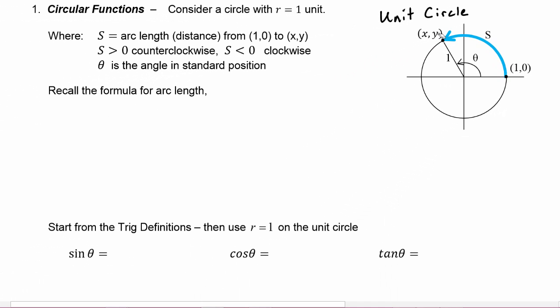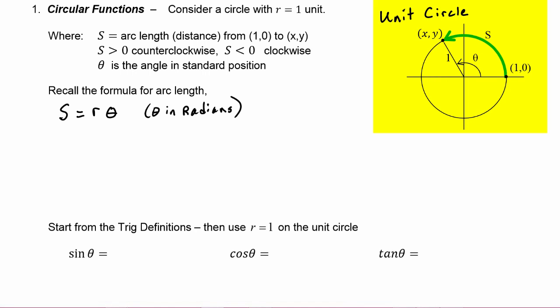Now remember from an earlier lesson that the formula for arc length is that S is equal to r times theta, and of course theta is in radians. If we are on the unit circle, which is what we have pictured here, meaning the radius is 1 unit, we know that r is equal to 1.